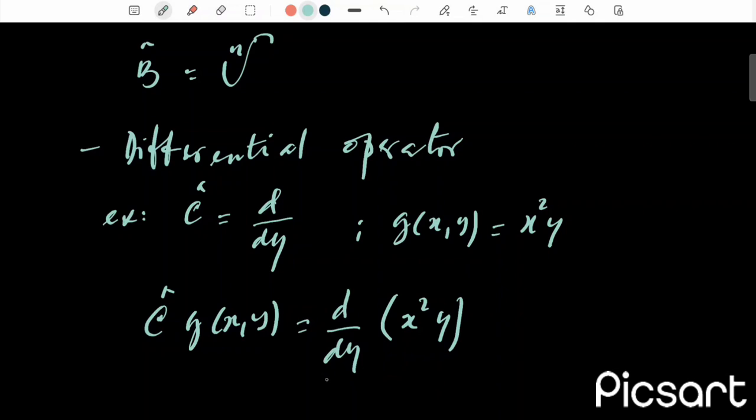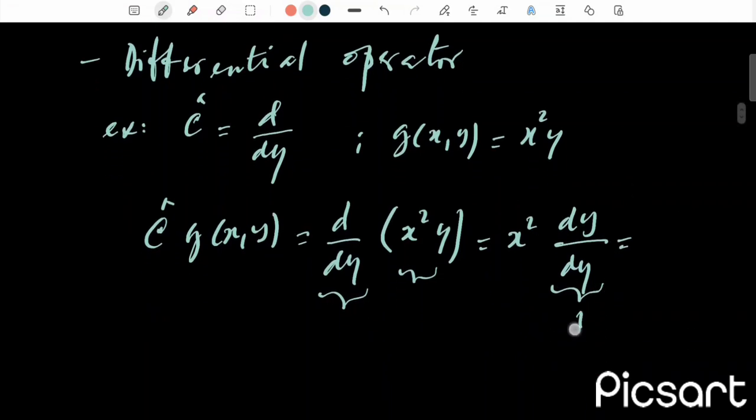This derivative is with respect to y, so x squared is a constant, and we can take it out of the derivative, and we get x squared times dy over dy, which is equal to 1, and we get only x squared.